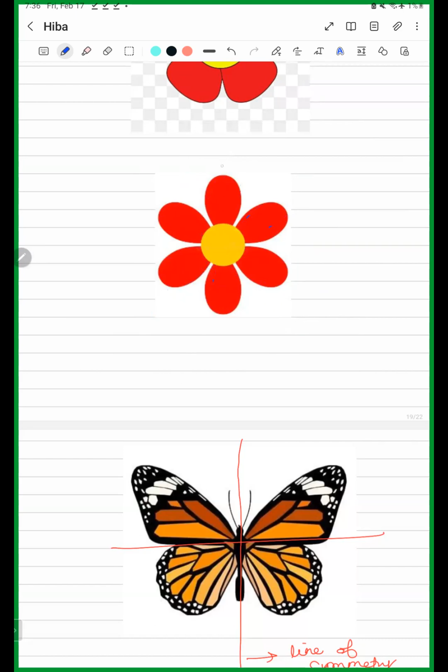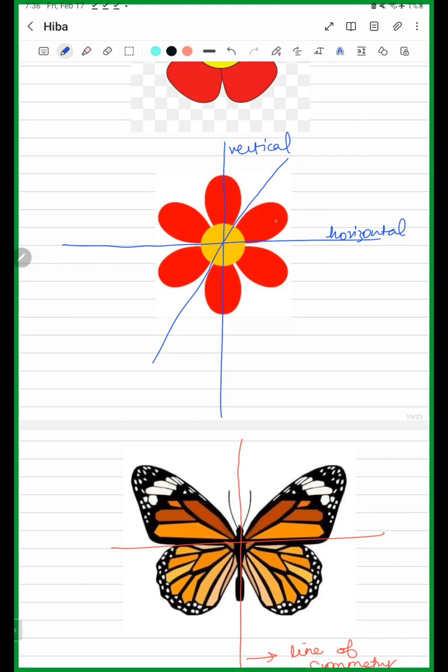Achha, look, one is this, one line of symmetry. The second one is in the middle, over here, in between these two petals, 2 lines of symmetry. This is called horizontal. That is vertical. Very good, vertical. 1, 2.